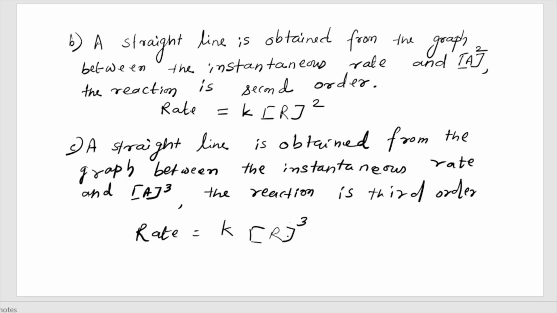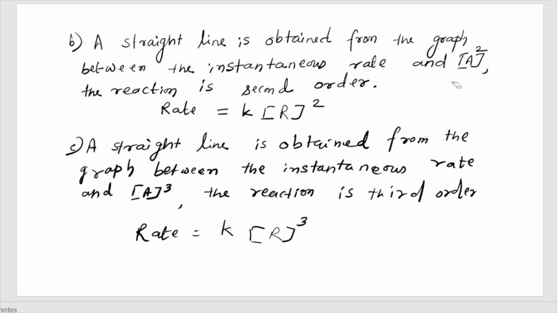So this is the first, second, third order, where rate equals k, r to the power 1. For second order, rate equals k, r to the power 2, and rate equals k, r to the power 3. These are known as first order, second order and third order.